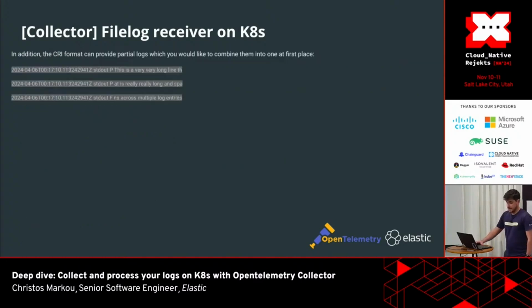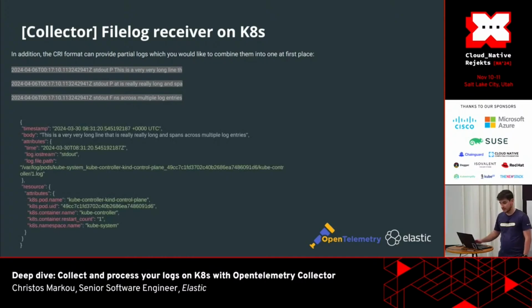Additionally, this parser can recombine log messages that span across multiple log lines, which means that in the CRI format, we have the option to write partial logs, and we can understand this by the tag, either P or F. So this parser can also recombine these kinds of logs and produce one single entry in the end, which is really useful.